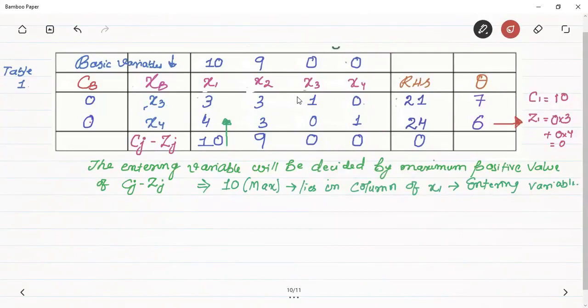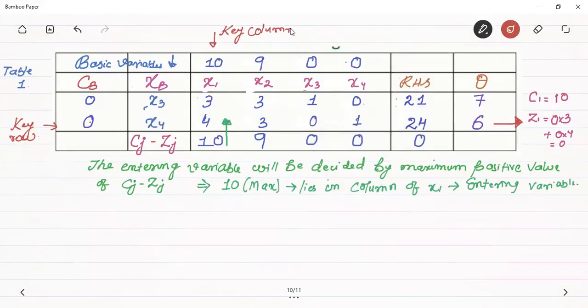Okay, and this column is the key column. The column from which the variable entered became the key column, and the row from which it went out became the key row.